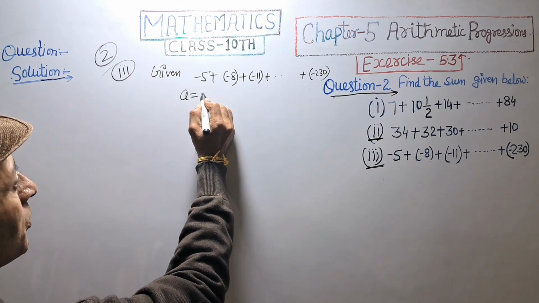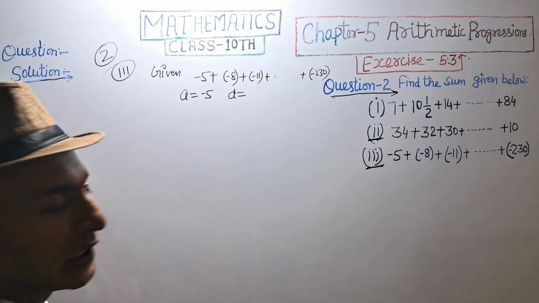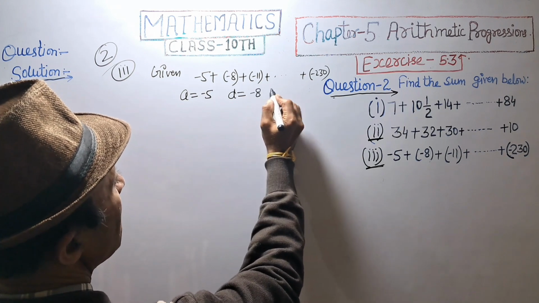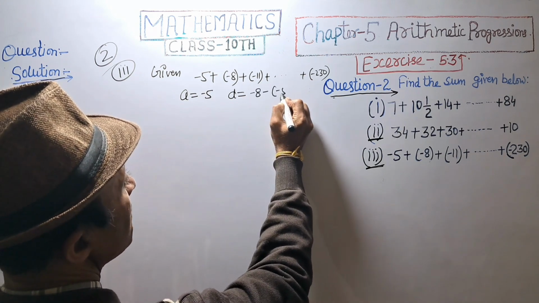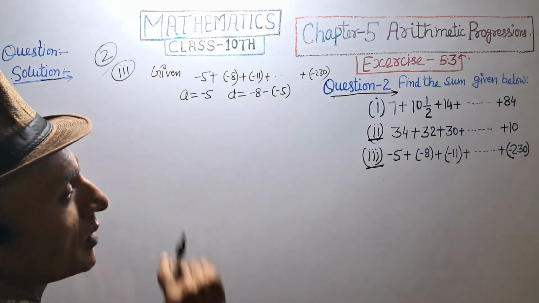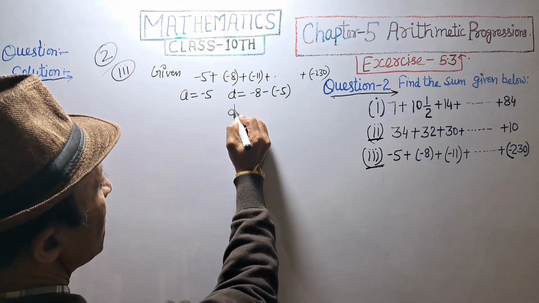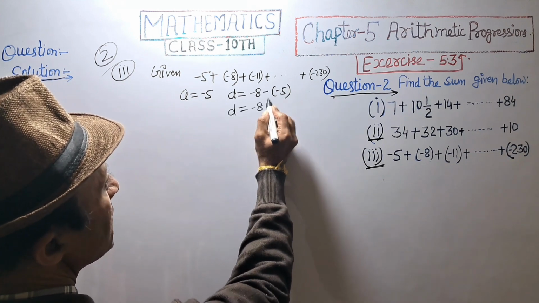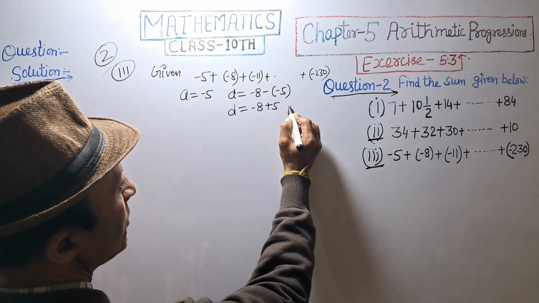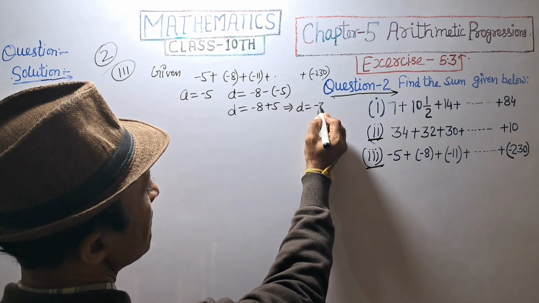A is equal to minus 5 and common difference d is equal to minus 8 minus minus 5, second term minus first term. So common difference is equal to minus 8 minus times minus, that is positive. So d is equal to minus 3.